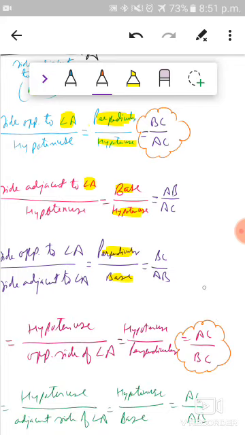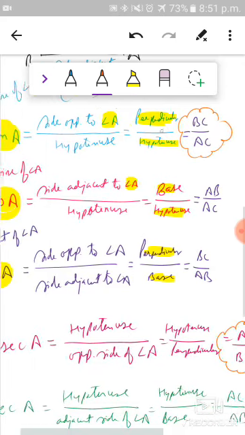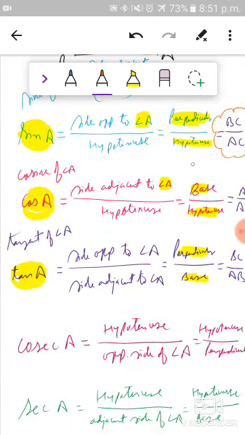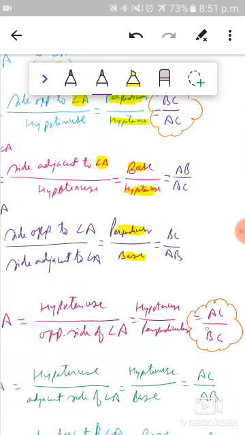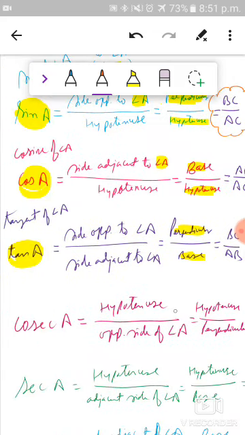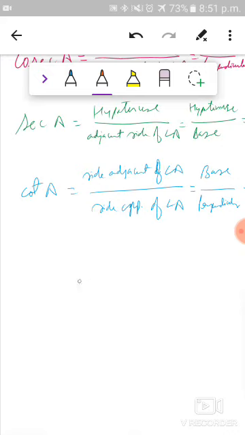BC by AC is the ratio of sine A and AC by BC is the ratio of cosec A. It means I can write sine A is equal to 1 by cosec A. So cosec A is the reciprocal of sine A and sine A is the reciprocal of cosec A. Be sure it is only when these angles are equal, right?